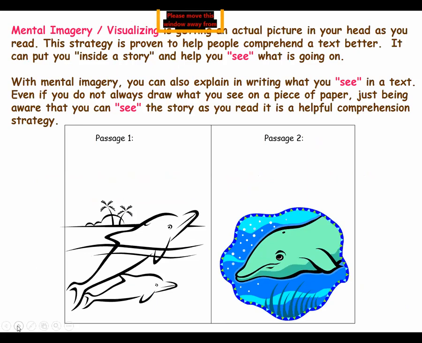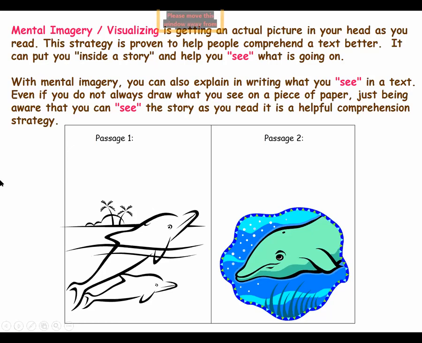Now visualization means giving an actual picture in your head, as I discussed yesterday as well, when we were talking about skimming and scanning, that a picture will appear in your mind as you go through the text. That is visualization or mental imagery.